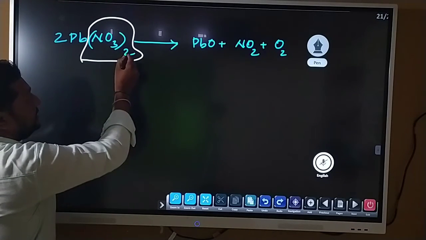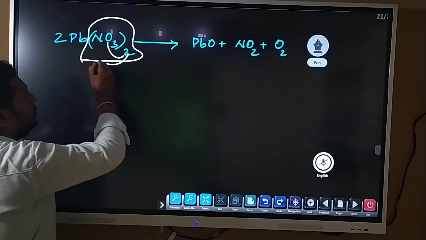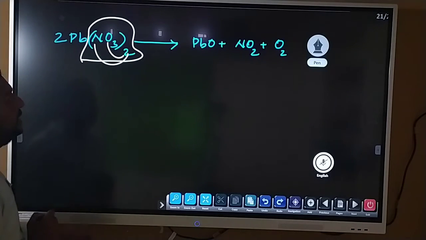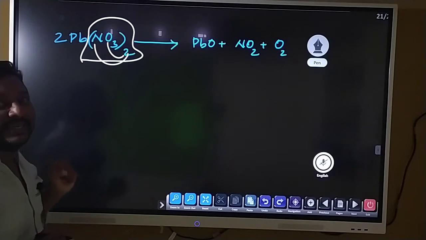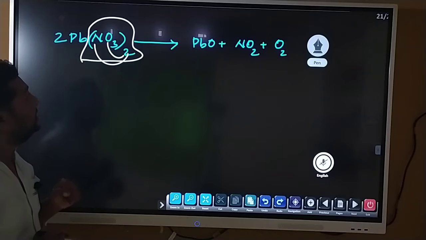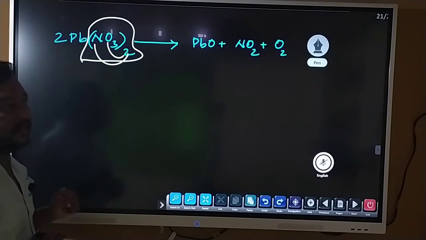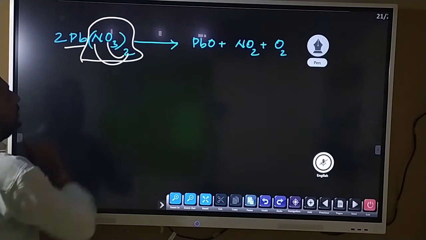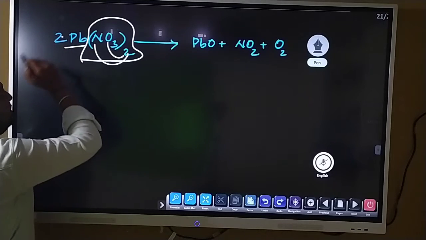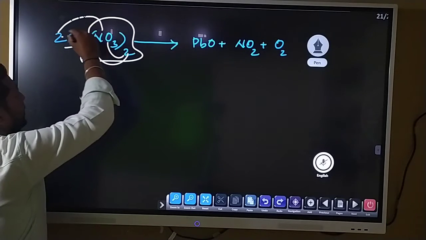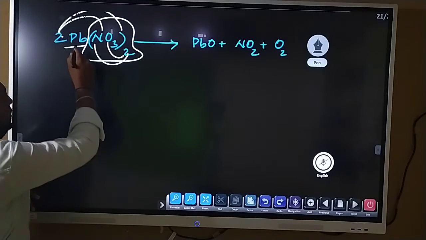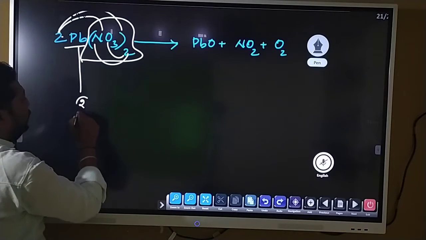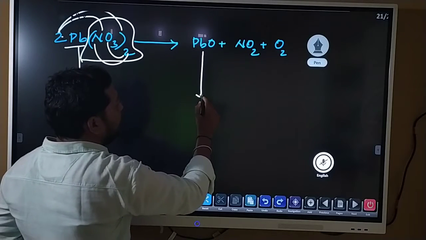That means this is multiplied with both the numbers. That means 2 nitrogens, 3 into 2, 6 oxygens. Now again this 2 is concerned with all the things. First, lead is 2 in number, here 1 in number.